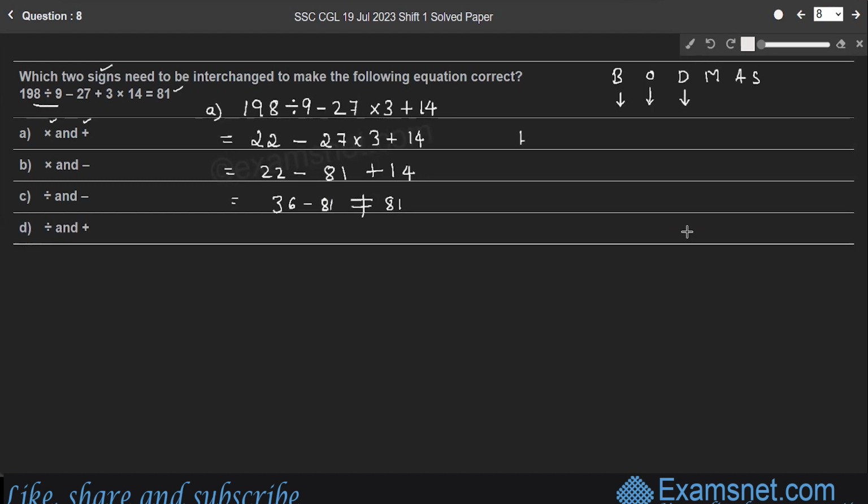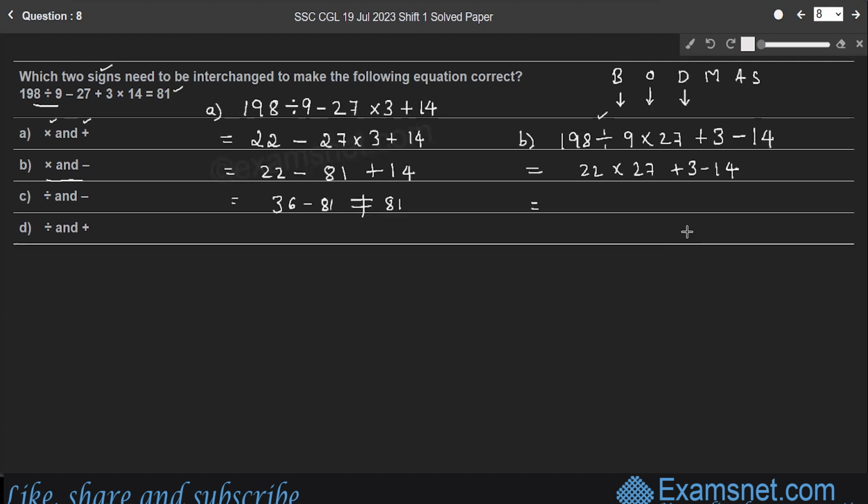Consider the second option. Interchange into and minus, right? So 198 divided by 9 minus 27 becomes into 27 plus 3 into becomes minus 14. Let us check. According to BODMAS, division comes first. 198 by 9 is 22 into 27 plus 3 minus 14.